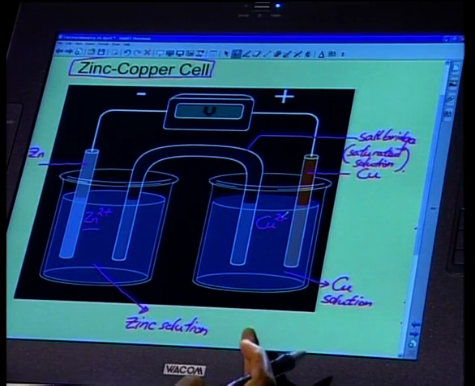Now, when this electrochemical cell called a galvanic cell is in operation, there are chemical reactions taking place on both sides of the cell. In other words, on the one side where we've got the zinc, and also on the other side where we have copper. Let's get deeper into it and check what type of chemical reactions are taking place there.